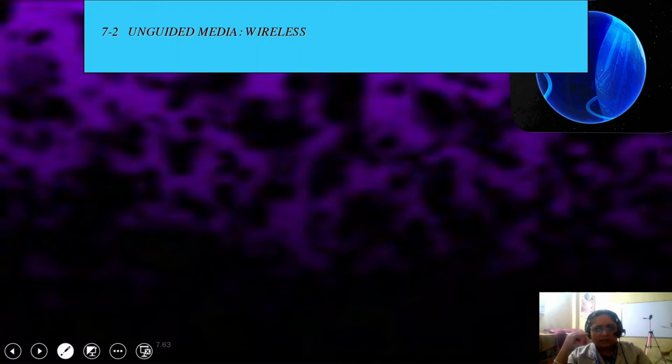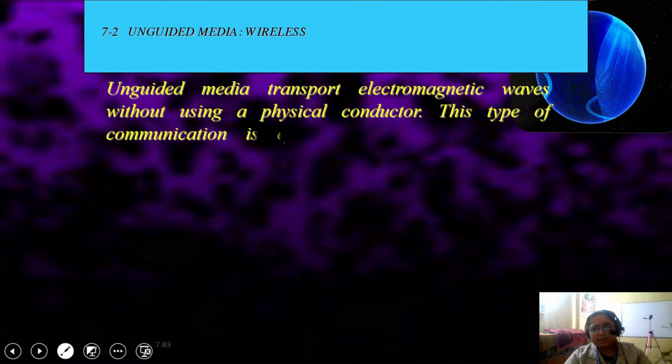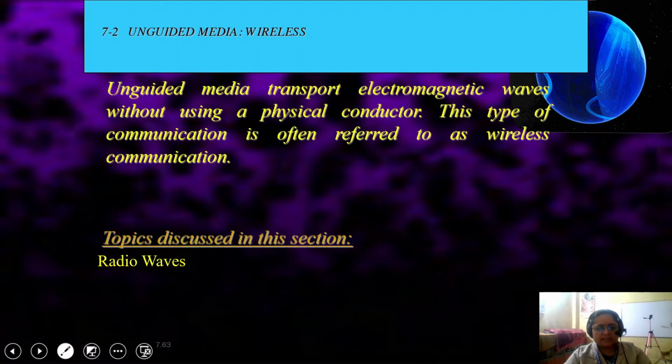They are in the form of radio waves, infrared waves, Bluetooth. Okay, so unguided media transport electromagnetic waves without using a physical conductor. This type of communication is often referred to as wireless communication. Some topics which we would be discussing in this section are radio waves, microwaves, and infrared.